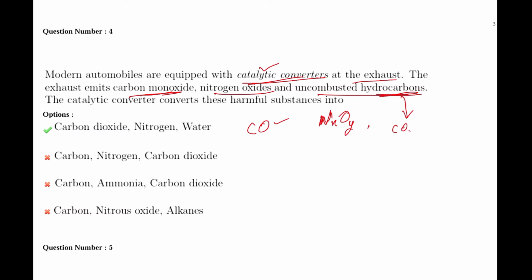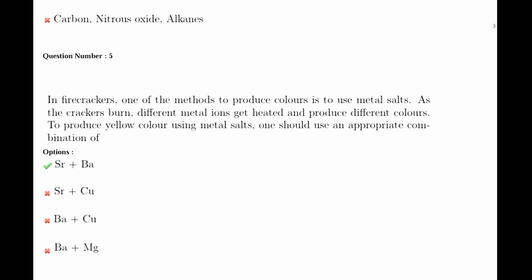Hydrocarbons, CnH2n+2, are generally combusted into oxygen, water, and carbon dioxide, which is a bit less harmful than carbon monoxide. The nitrogen oxides are converted into N2. So this is the answer given here.